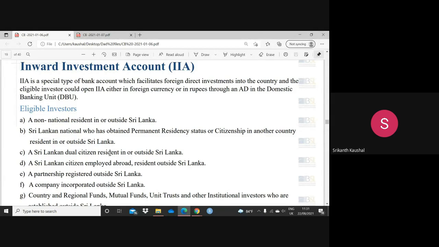So you can see who is eligible: a non-national resident in or outside Sri Lanka. What do you mean by in or outside? Can anybody give me an example? A non-national resident in or outside. What do you mean by that? Working in Sri Lanka. Yes, correct. Say an Indian doctor, while he is in India, he could invest because he is a non-national resident outside Sri Lanka.